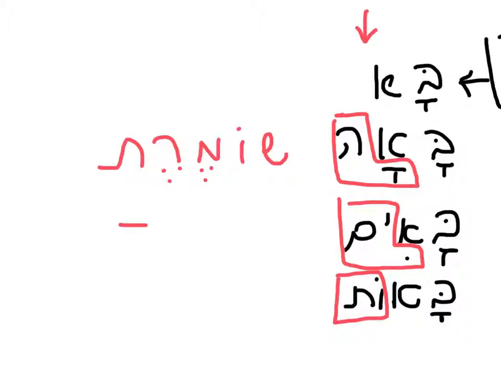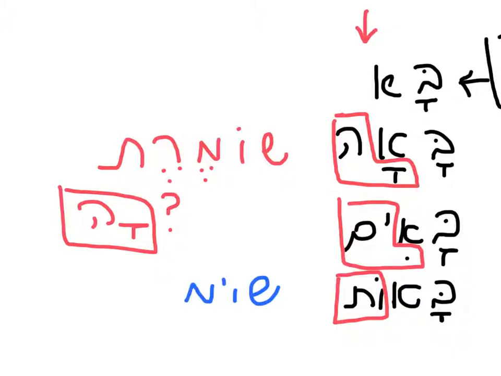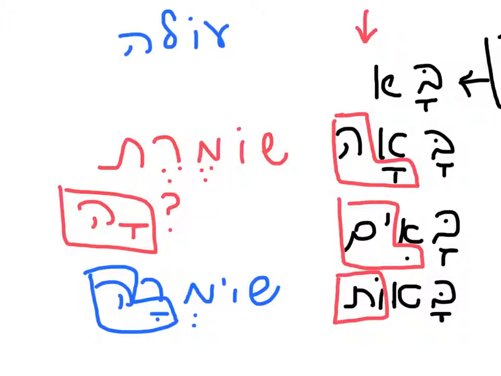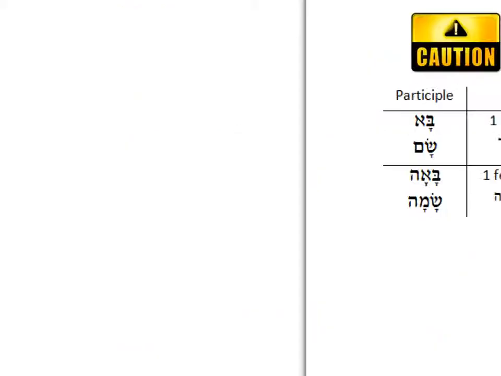And where does this kamatz hey of ba'a come from? Does anyone remember? If you guess that it comes from the old biblical Hebrew of something like shomera, you are correct. And we saw this with the lamed heys of ola, where we saw that feminine singular got the kamatz hey as well.